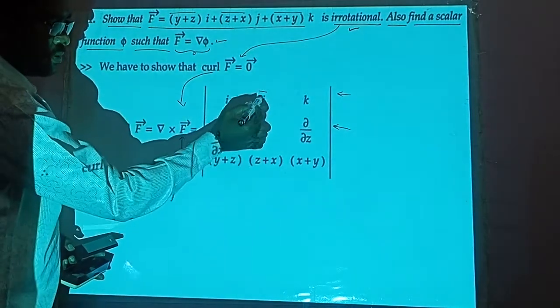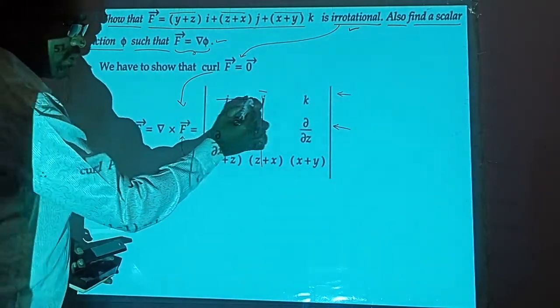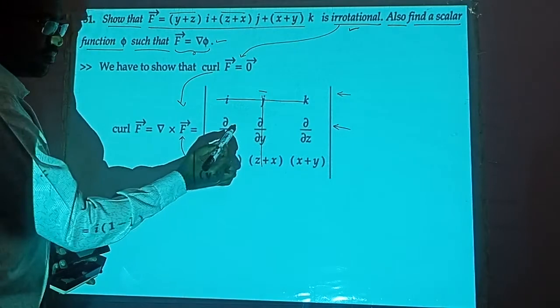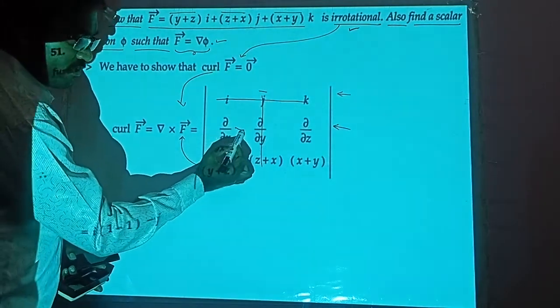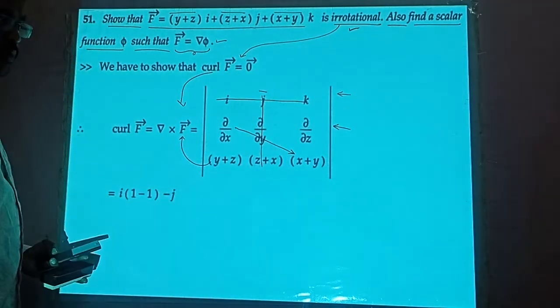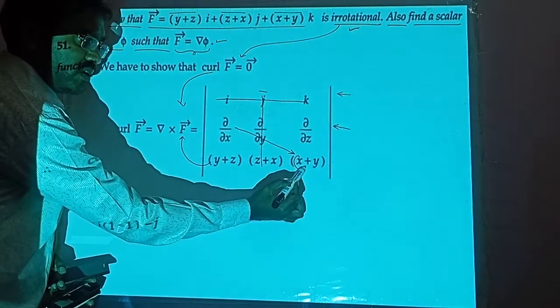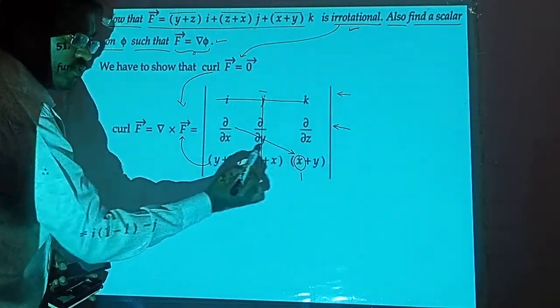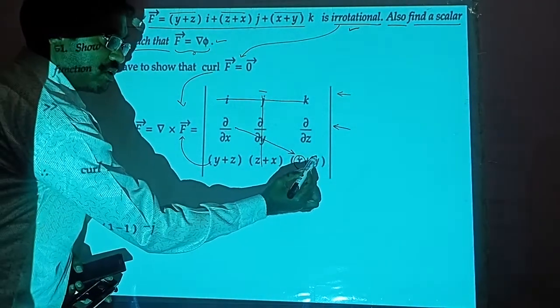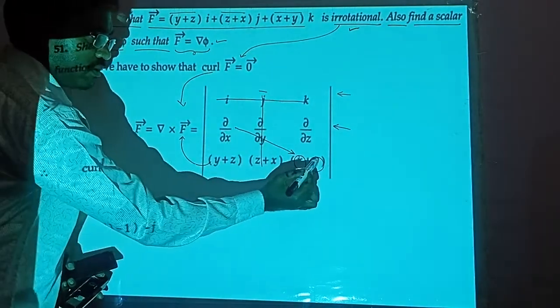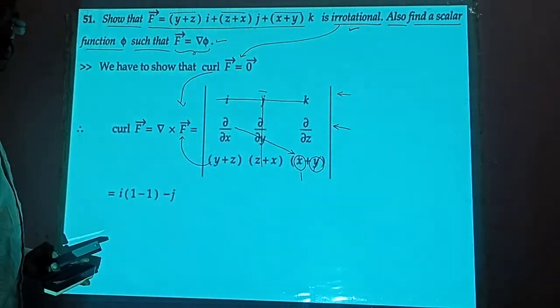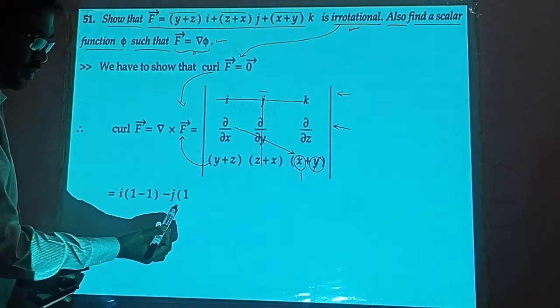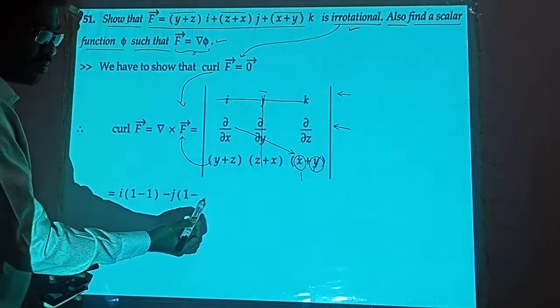cross multiplication. We neglect this column and this row, we cross multiply. Dou by dou x of x plus y. What is the differentiation of x with respect to x? 1. Differentiation of y with respect to x is 0. So you get 1 here, minus.